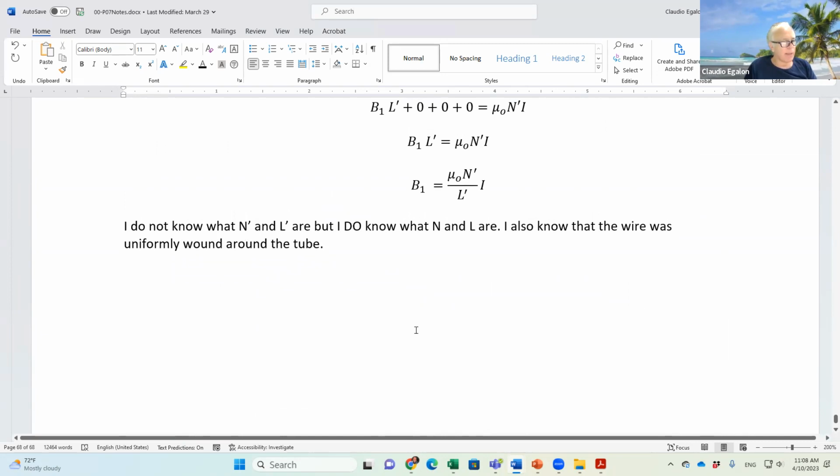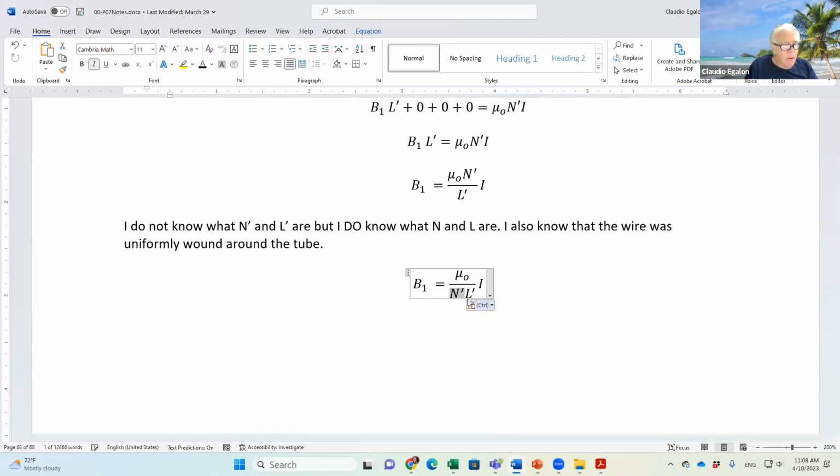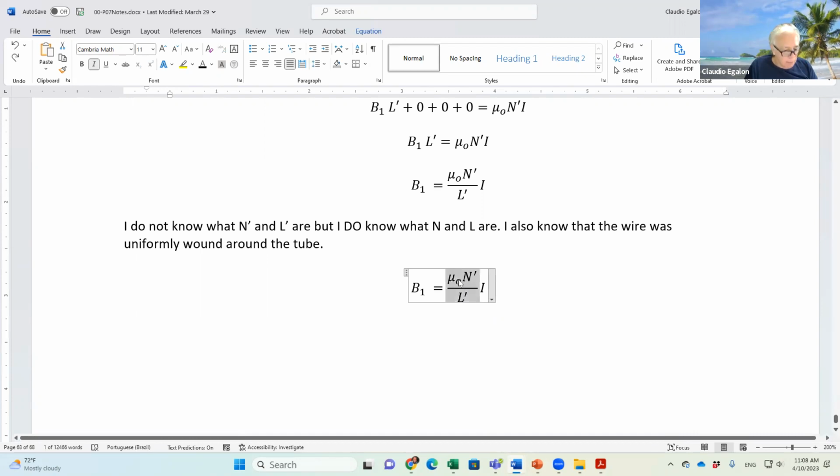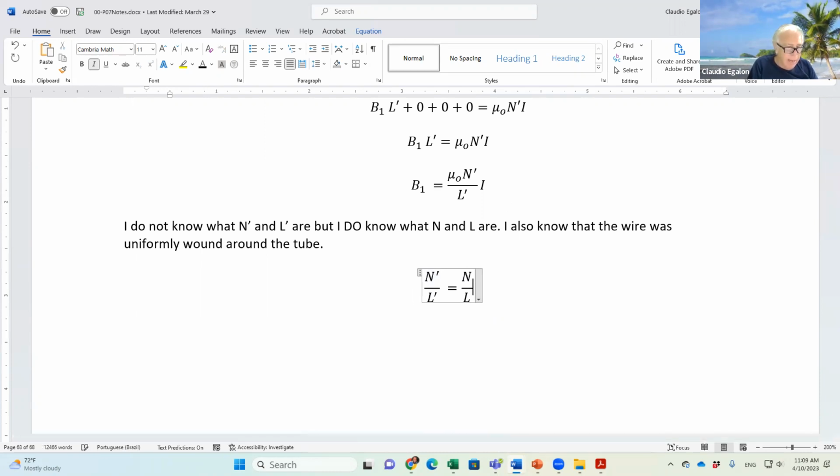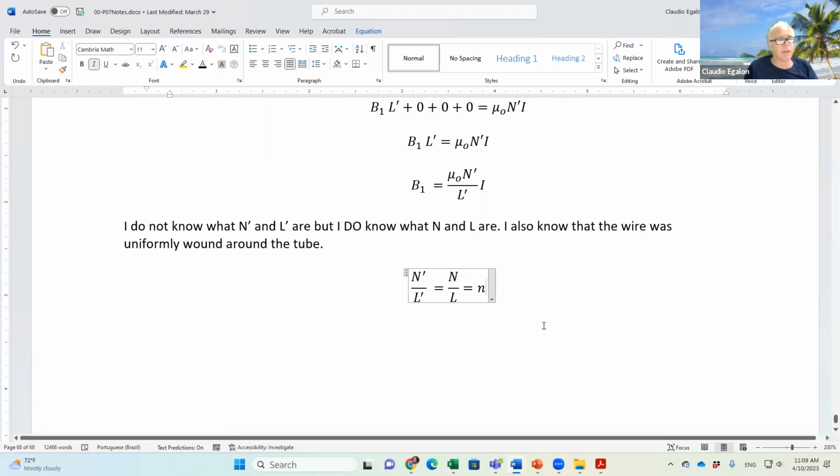I do not know what N prime is, but because the wire was uniformly wound around the tube, what does it tell us? It tells us that N prime divided by L prime is equal to N divided by L. We usually denote this one by lowercase n, the density of wires.